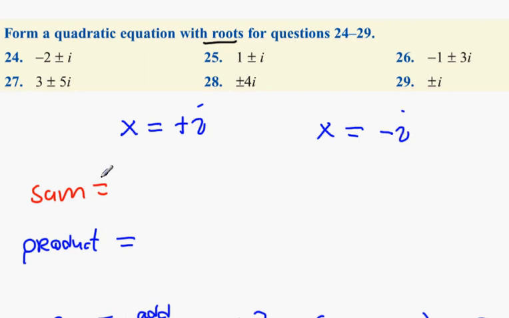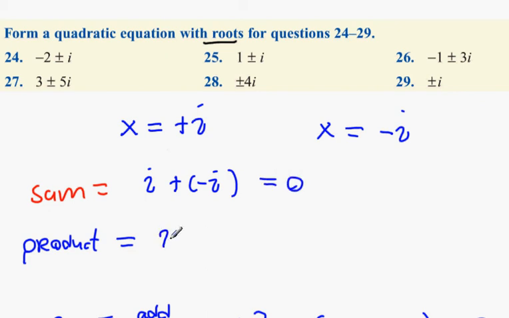Okay, guys, what's the sum? Kim, what's the sum? The sum is adding the two together, so it's going to be i plus minus i. What's i plus minus i? They cancel. 0.